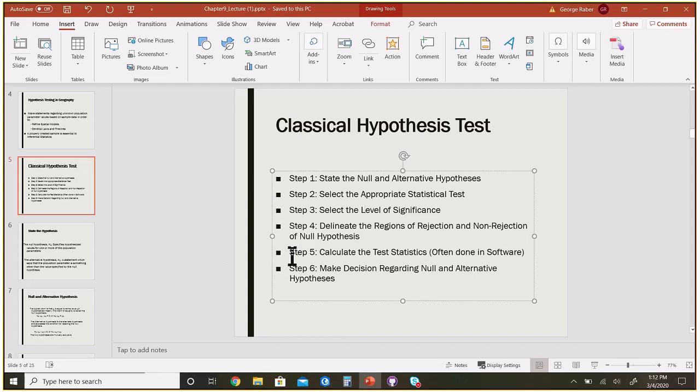Now, step 5 is the step that oftentimes gets done really quickly, and that's because calculating these things at this point, we're not doing data wrangling. There's sometimes a little bit of data wrangling to get the table in the right format, but we're basically just calculating the test statistic that we decided we wanted to calculate up here.